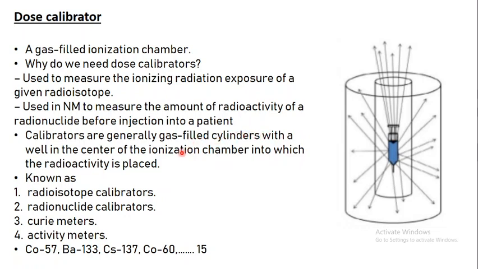So this is a simple gas chamber, but if this is a well type gas chamber, the gas is filled into this chamber, there is an open hole, and we put the sample into it. The radiation emitted from this radiopharmaceutical, gamma or beta radiation, passes through the wall into the gas environment.